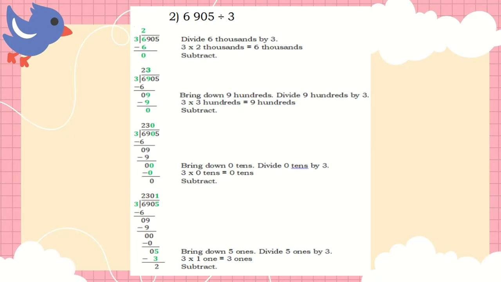Divide 0 tens by 3. 3 times 0 tens equals 0 tens. Then subtract. Bring down 5 ones. Divide 5 ones by 3. 3 times 1 equals 3 ones. And then subtract.